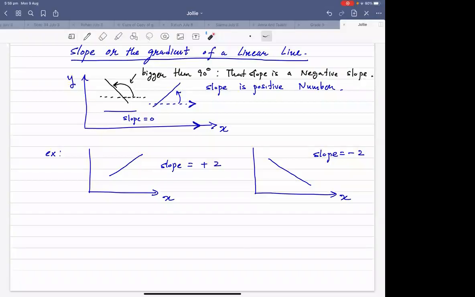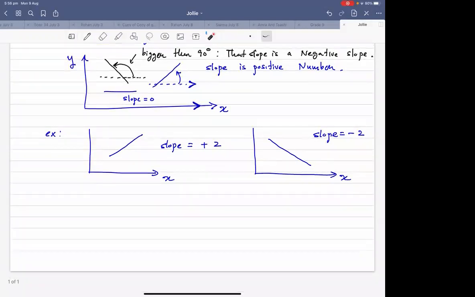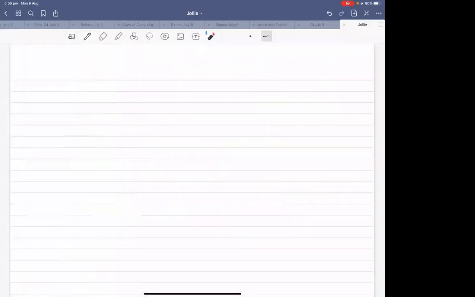Next one would be how to calculate the slope of a linear line.